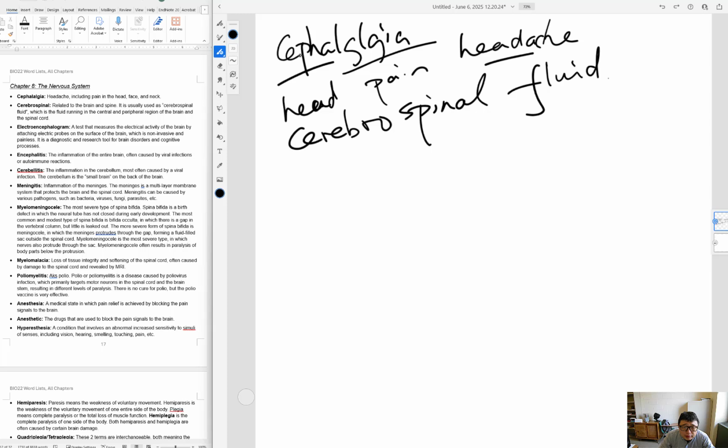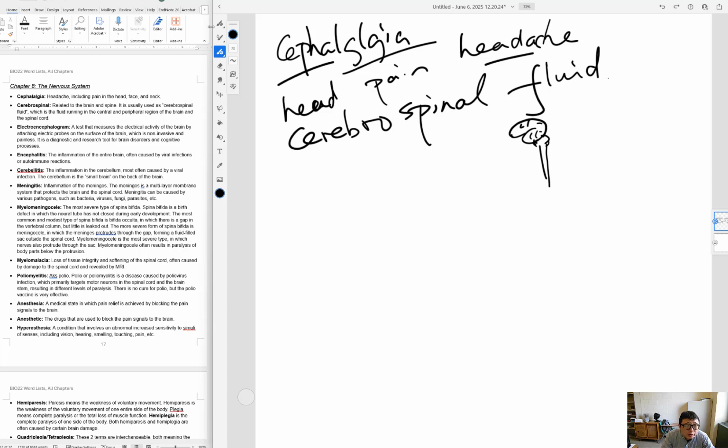Cerebral means the brain, and I mean the big brain, the cerebrum. And the brain is connected with the brainstem and the spinal cord. Cerebrospinal is the brain and the spine.